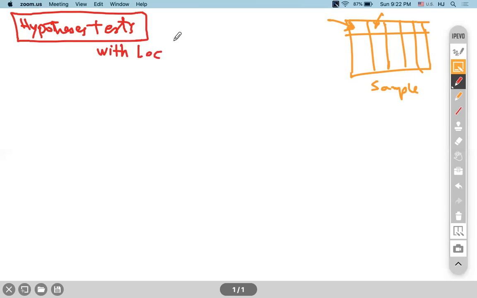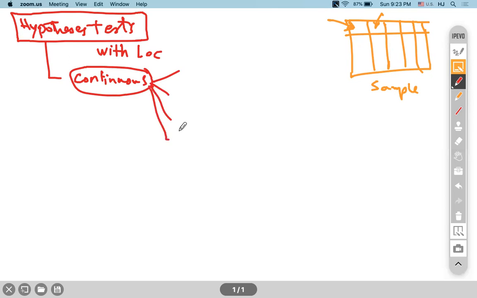So we determine a certain level of confidence, and we can apply different types of tests. If the variables which we deal with are continuous variables, then we have 3 or 4 different types of tests which we can do. Those are the ones which we explained.